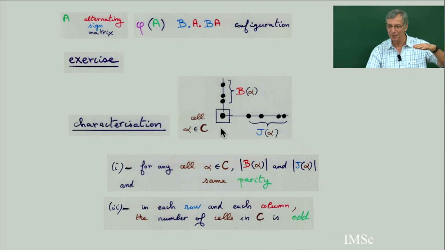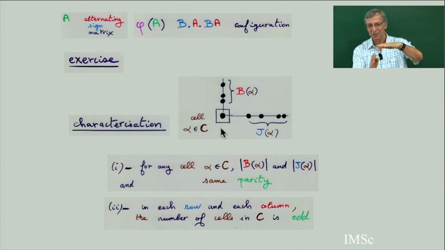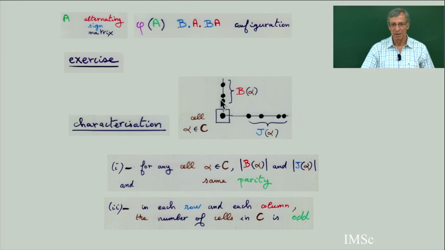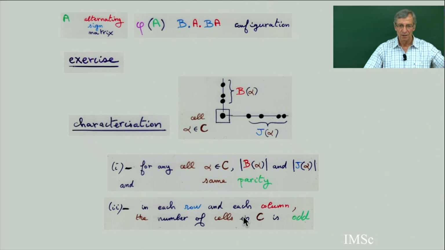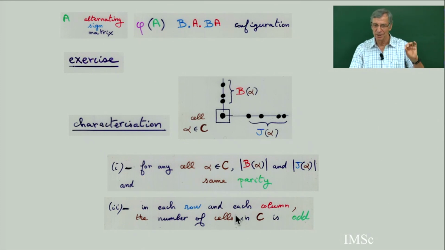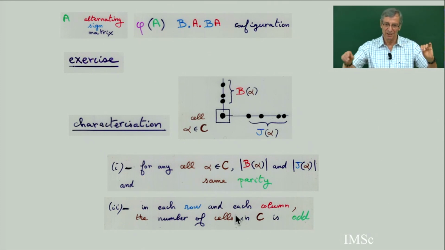This is if there was different parity. And the second condition, of course, is because the sum of the elements in one row must be 1, so there must be at least one blue point. The blue and red points alternate in colors, but in each row and each column there must be one blue point at least. So the number of elements of the configuration is odd.